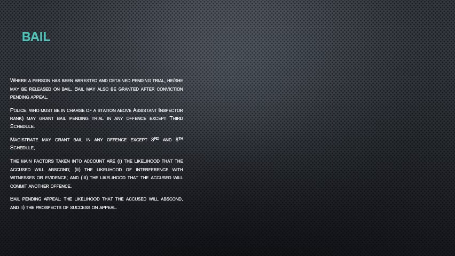And the second factor is that the accused will not interfere with evidence, right? We're saying the accused will not go around and threaten potential witnesses and so forth. And then the third point is the likelihood that the accused will commit another offense, right?